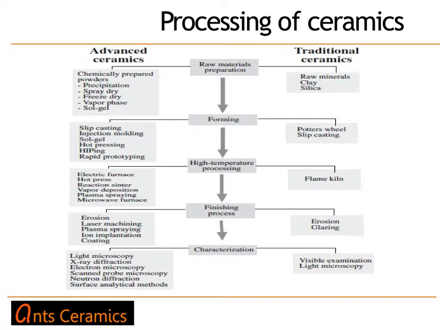While in traditional ceramics, the raw materials are naturally available clay, quartz, feldspar or silica. These are made by slip casting, potter wheels, jolleying and jiggering, and fired in flame kilns. Finishing happens by glazing or grinding, and they are checked by visual examination and optical microscopy.